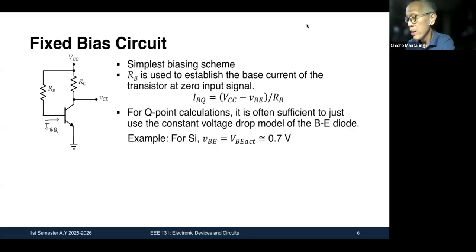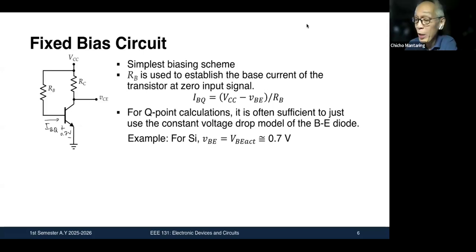Now, for Q-point calculations, it is often sufficient to just use the constant voltage drop model of the BE diode. So what is that? If this is silicon, then we just say that this is 0.7 volts. That's the constant voltage drop model of the BE diode. This is for Q-point calculations or for DC calculations.